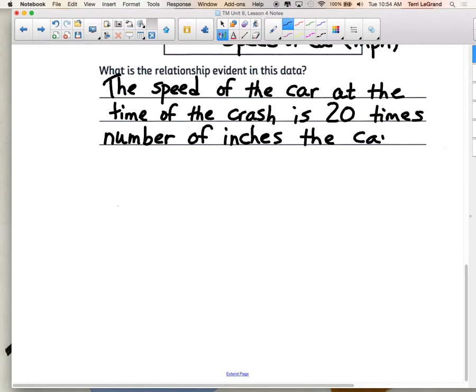That's what we decided it would do, right? Get shorter. That's their relationship. The speed of the car at the time of the crash is 20 times the number of inches the car shortened.